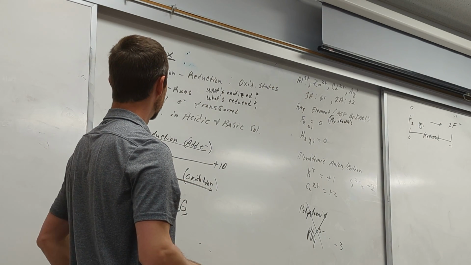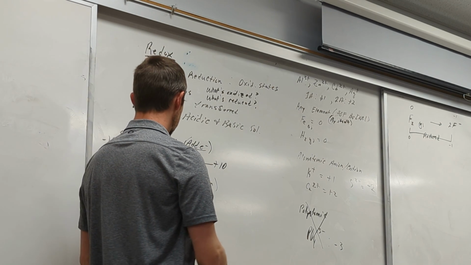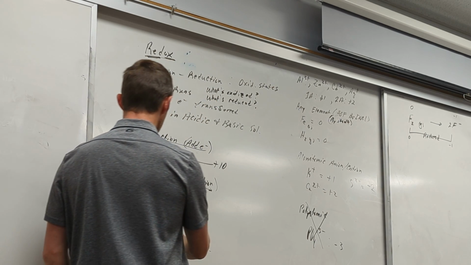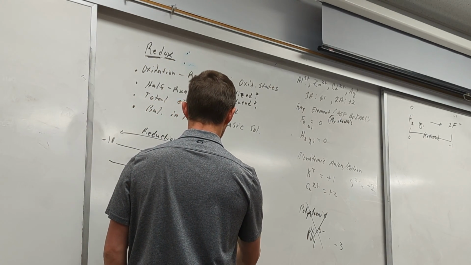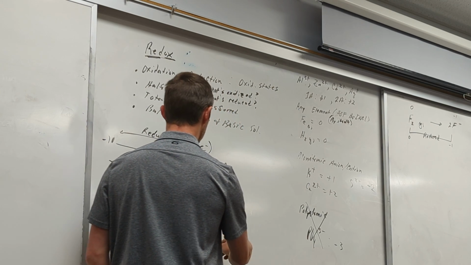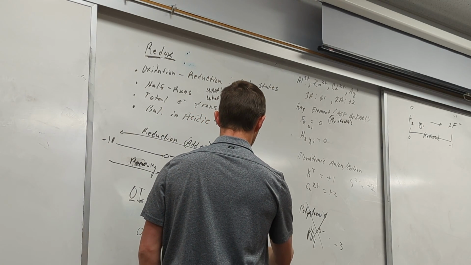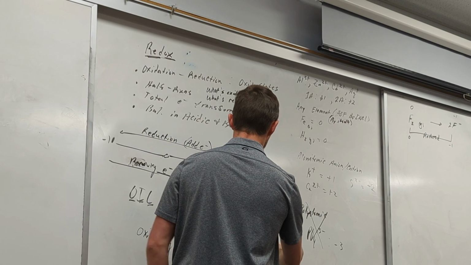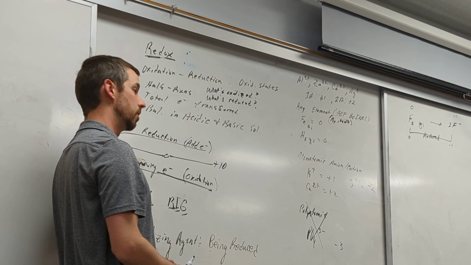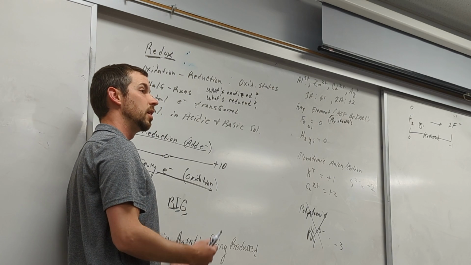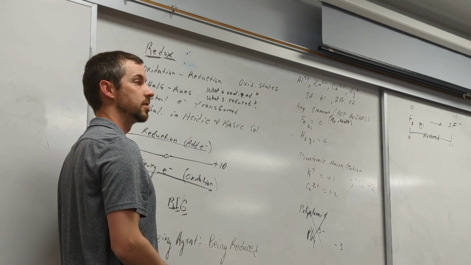So we're going to throw in a couple other words here. The oxidizing agent is the species that's being reduced. Okay. So notice fluorine is being reduced, so therefore it is the agent that causes something else to be oxidized.